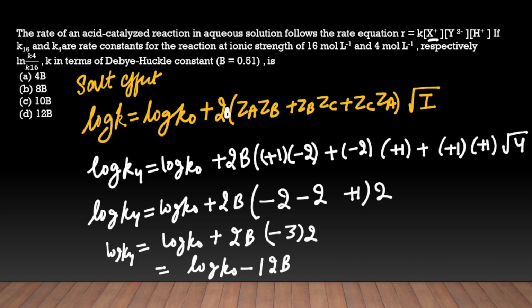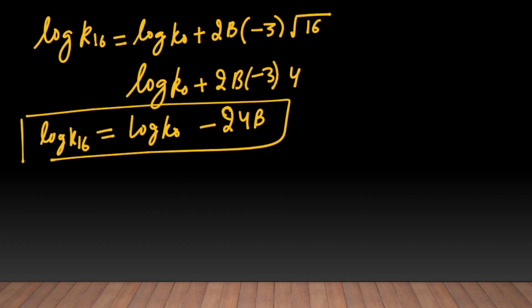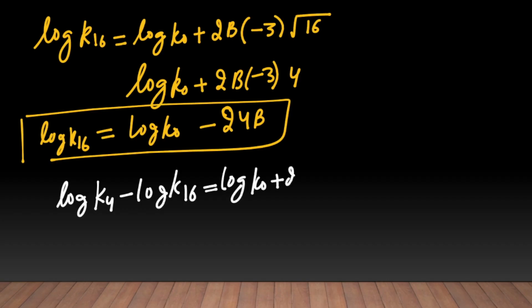So these two equations we have got. We can subtract these two because we need to take the ratios of this. So this is K4, this one. Okay, so log of K4 minus log of K16 will be equal to, in the previous case, log of K4 we have calculated as log K0 minus 12B, minus log of K0 minus 24B, right?